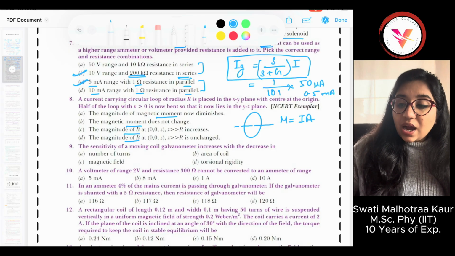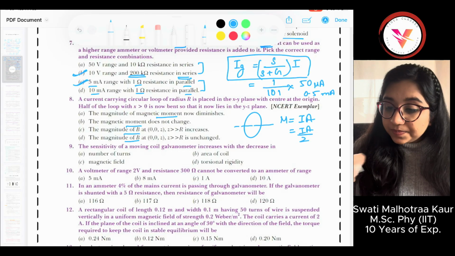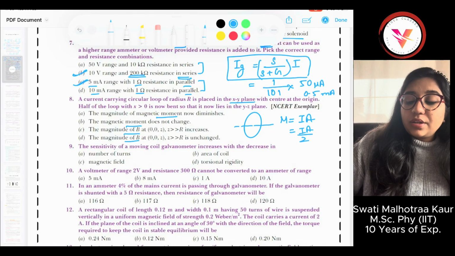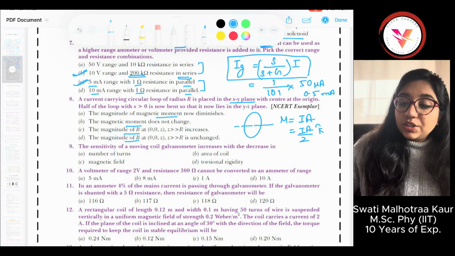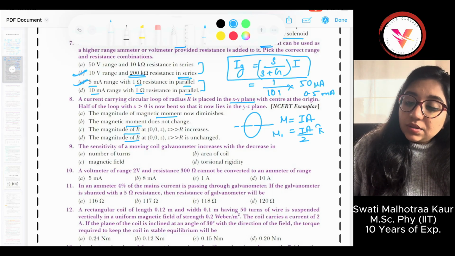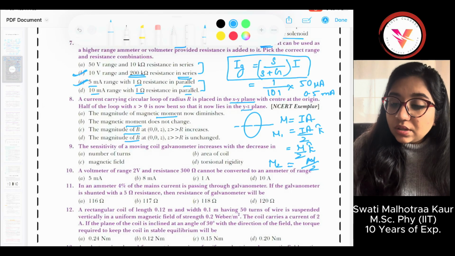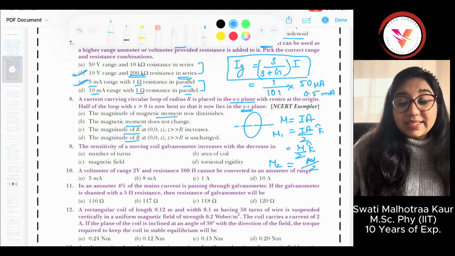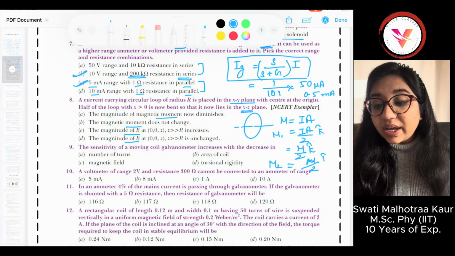Now if the loop is halved, the area becomes half, and for the xy plane, the magnetic moment should be in the z direction, perpendicular to the plane. So this is M1, which is basically M by 2 times k cap, and M2 will become again M by 2, but its direction, if the plane is yz, should be i cap. So one is in k cap, another is in i cap, that is both are 90 degrees to each other.